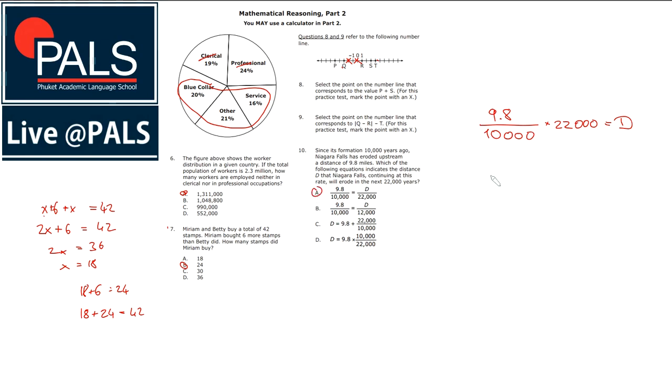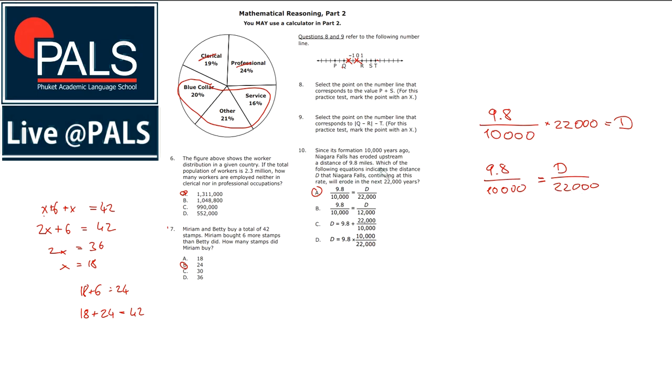Maybe you saw it already. Again, now we can basically move the 22,000 over to the other side, which would be 9.8 over 10,000 is equal to D over 22,000. This basically means that the rate at which the Niagara Falls eroded the last 10,000 years is equal to the rate at which it erodes over the next 22,000 years.